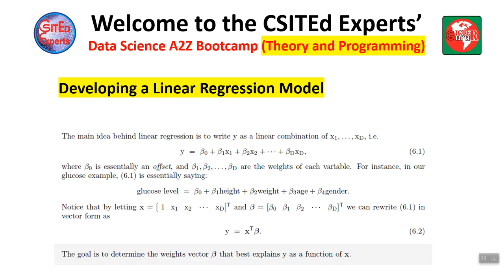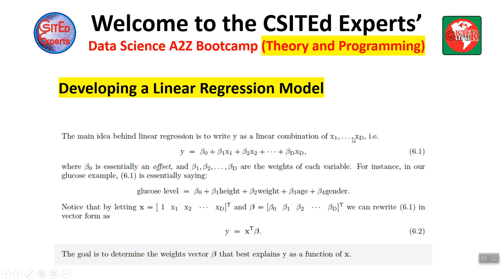When you understand the theories behind how the linear regressor works, this will be pretty simple for you. But for now, let me give a very brief description of how a linear regressor works. The main idea behind linear regression is to write a linear combination of x1, x2, x3, up to xd.